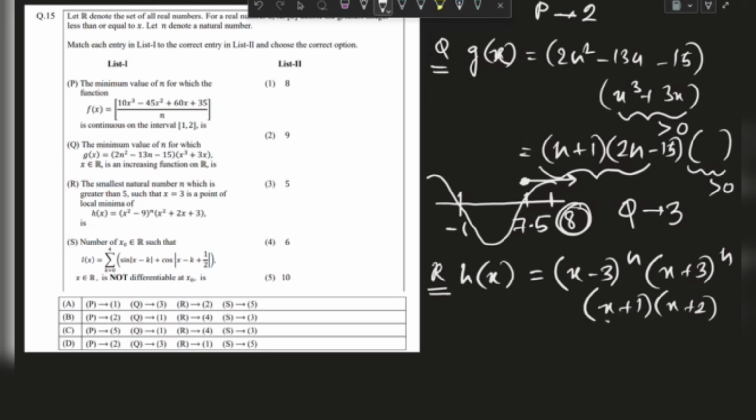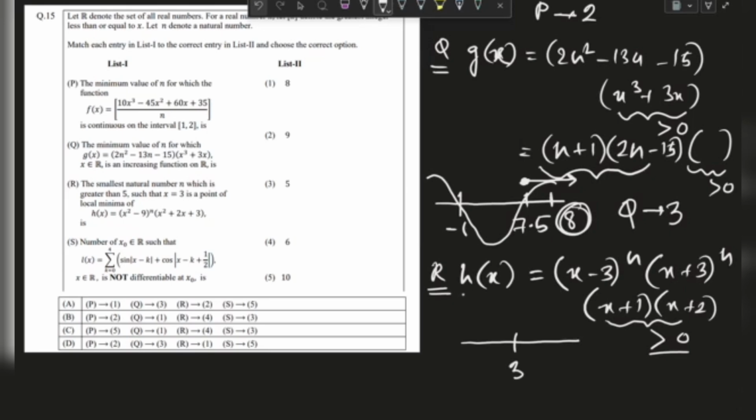So basically this particular part is always greater than 0, as is obvious. Now if you look at x equal to 3, because we have been asked for the smallest natural number n which is greater than 5, I will take 3 because it's a natural number, so we can't take minus 3 anyways.